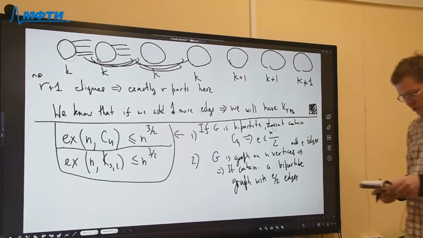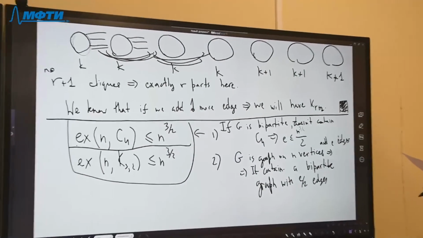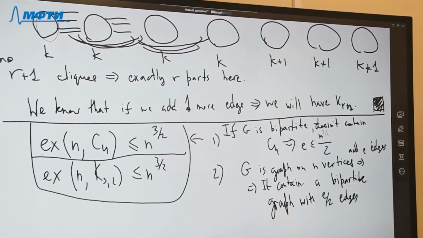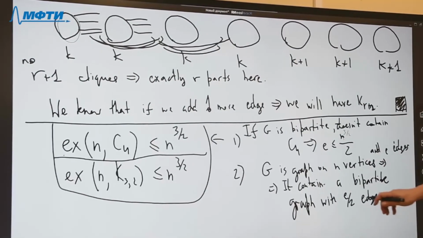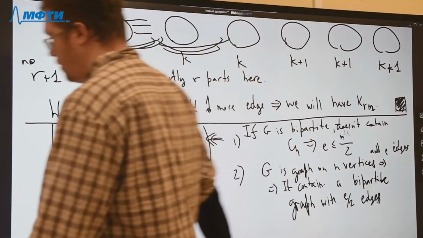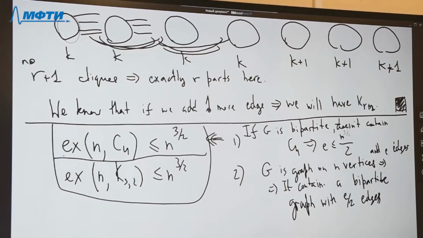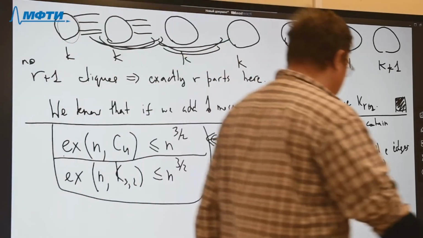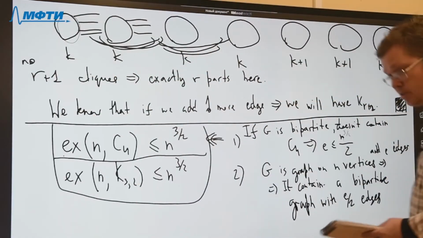So in each graph we can find a bipartite graph that contains no less than half of these edges. If we take 1 and 2, then we immediately get the first inequality. Maybe think about the first problem, and we can discuss it after the break.